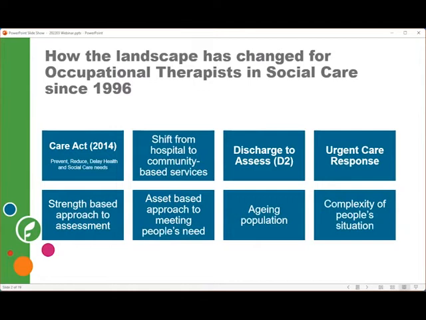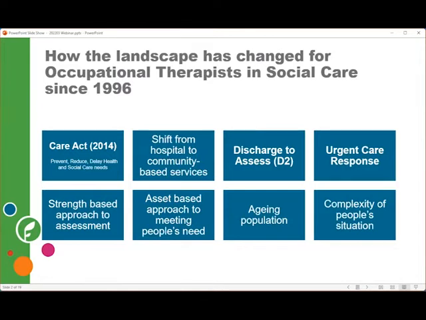A new policy that is impacting on occupational therapists is urgent care response, this idea where we're providing that immediate response to avoid hospital admission. Again, you've got occupational therapists in social care being pulled into a number of those teams.